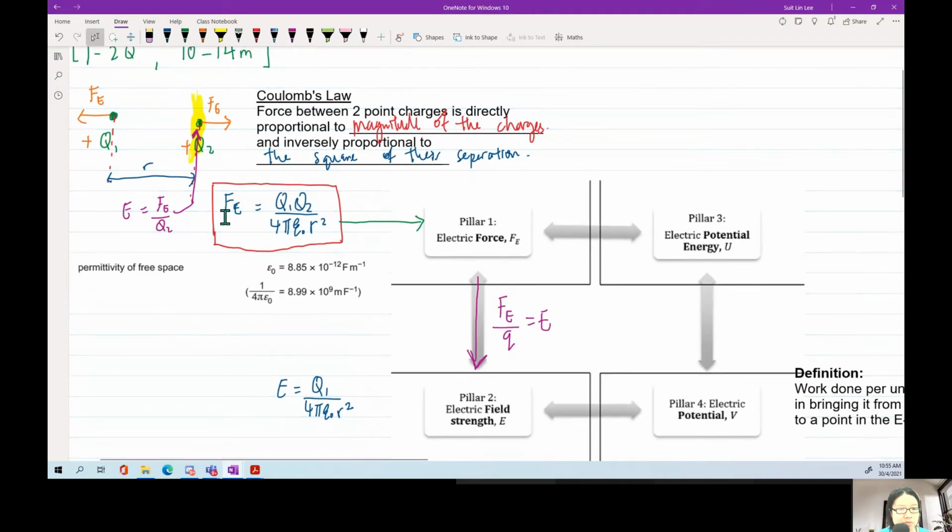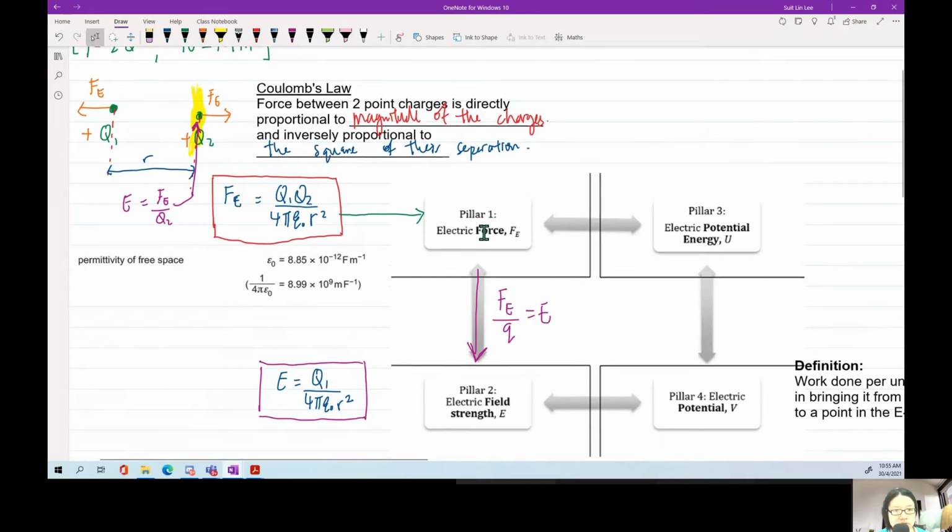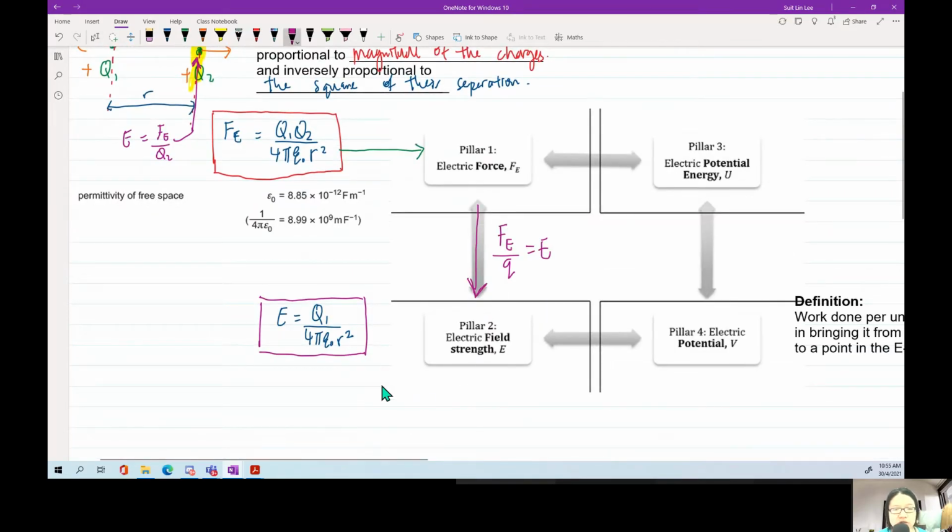Just divide by charge. This equation is also in AS because it's the definition of electric field strength. So again, to put up the definition, E is electric force, don't forget your test charge, per unit positive charge.